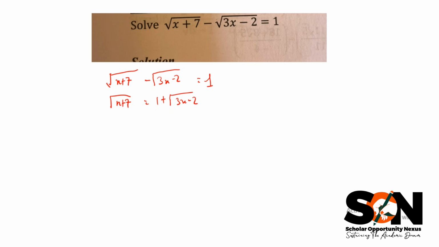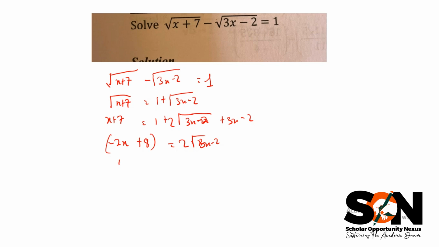Then you square both sides, so we get x plus 7 to be equal to 1 plus 2 square root of 3x minus 2 plus 3x minus 2. That will give us negative 2x plus 8 should be equal to 2 square root of 3x minus 2.